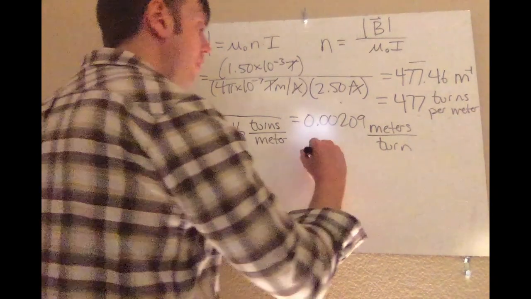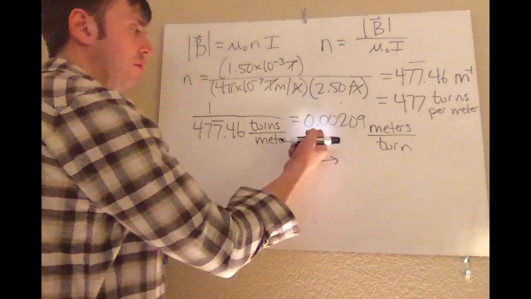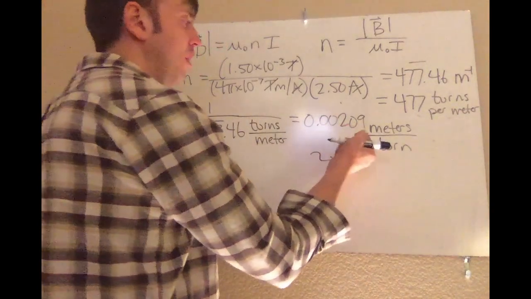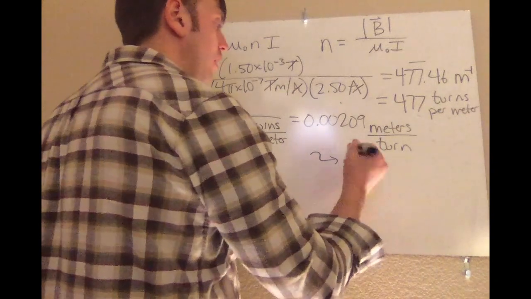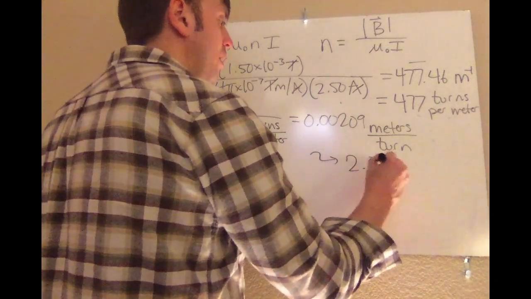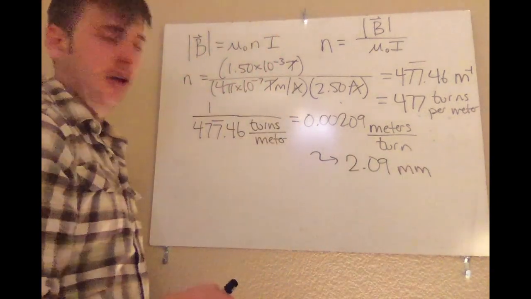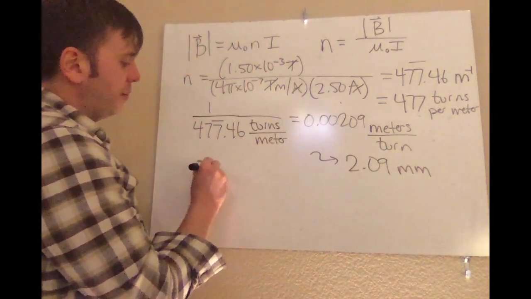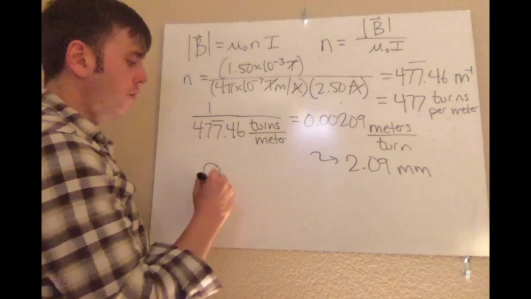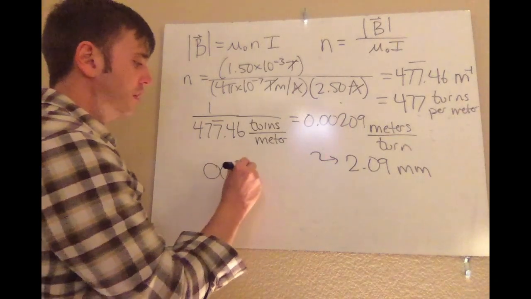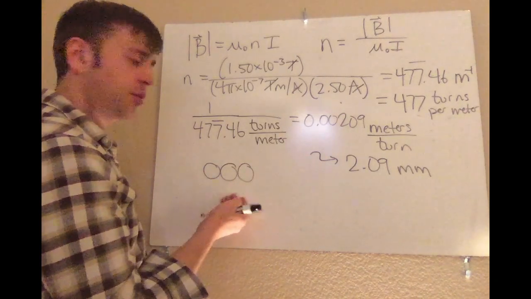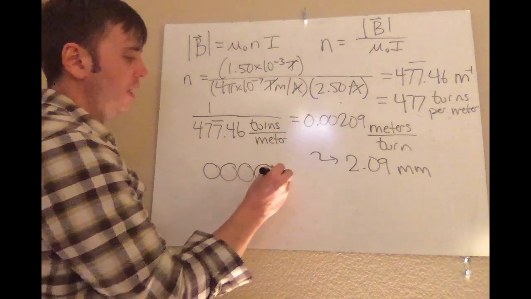Well, first, let's put it into a more sensible unit. So 0.00209 is the same as 2.09 millimeters for every turn. Okay? And if we think about what the neighboring turns of wire look like if they're all touching, in other words, if there's no space between them, we have something like this.